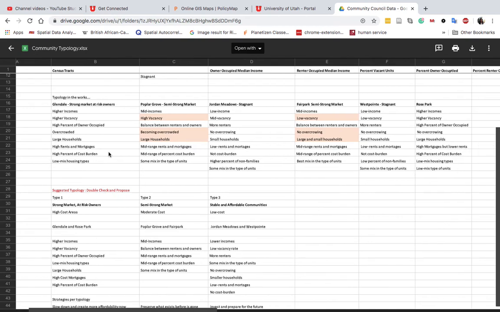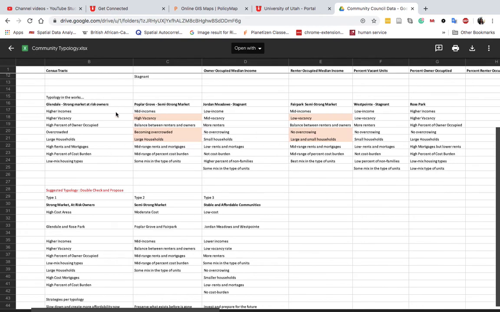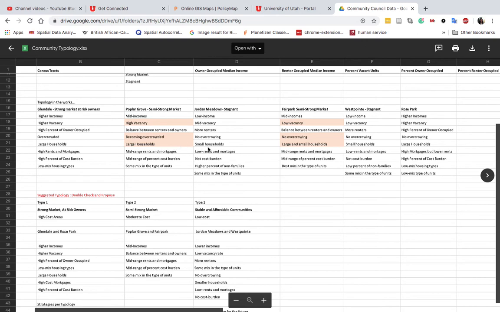So it means that this place is mostly homeowners, not a lot of people renting. Then we have this categorization. I just put it as a strong market and at-risk homeowners because there are barely any renters, right? But the market is doing so well to the point that people are paying tons of money for mortgages, and they're also cost burdened. And here you have the other different categories.